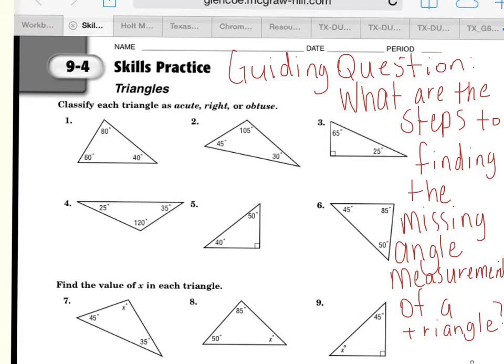Okay, you might want to pause it right here so that you can get that written down in your summary, because like I said, that is the question that you're going to be answering.